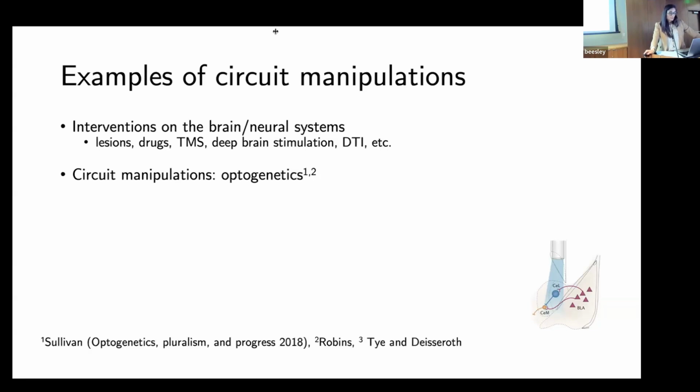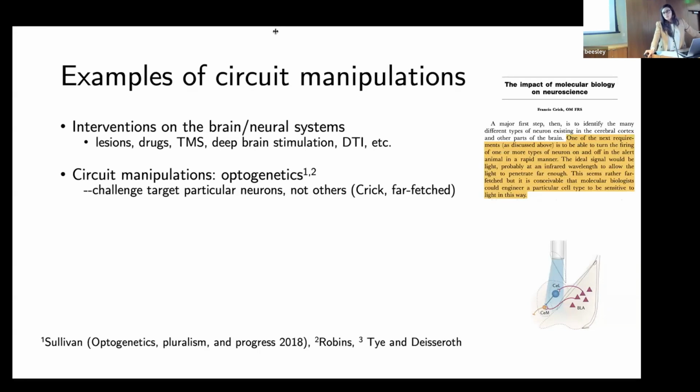A common technique that shows up in the context of circuit manipulations, of course, is optogenetics, a technique that has this very interesting history of being suggested in a far-fetched manner by Crick, who was thinking of getting around this challenge of being able to come up with very surgical, precise interventions on particular neurons, and getting around this challenge by using light and light-sensitive ion channels in particular neurons in a given domain.